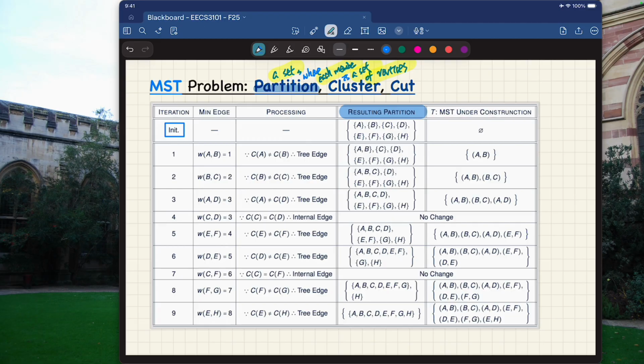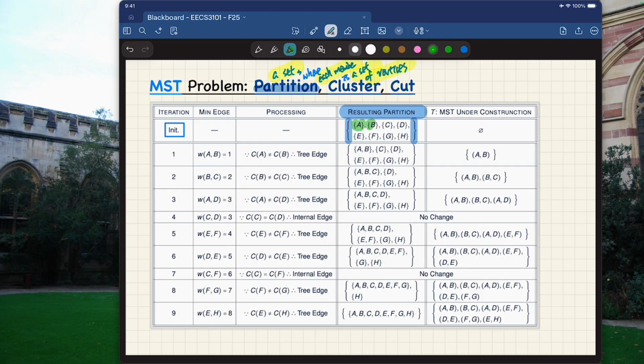It's not even the first iteration just yet. Even before the first iteration, we do some pre-processing, like preparation work for the algorithm. You can think of every vertex as its own set. So this is a set of sets, where every set over here is by itself.